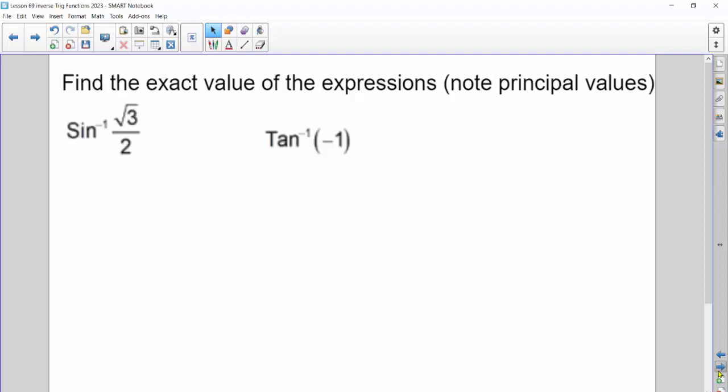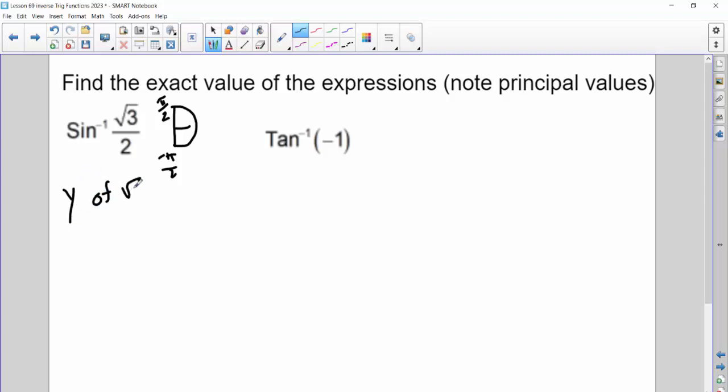So if I want to find the exact value of the expressions, in other words, find the inverse sine of root 3 over 2, and we're going to do this without a calculator, you have to know your unit circle. And because this is a capital, basically what I'm looking to do is look for values in this region right here, from negative pi over 2 to pi over 2, that have a y value of root 3 over 2.